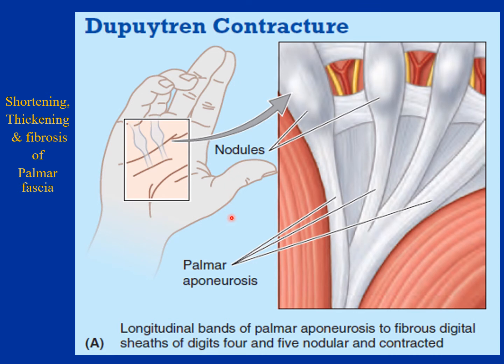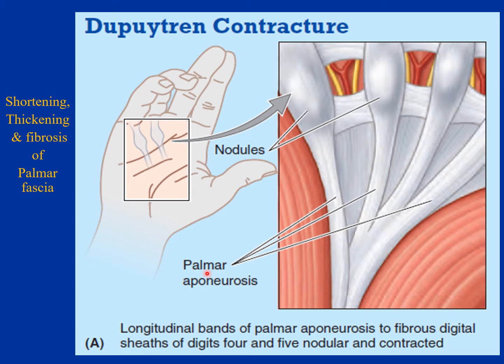What we were talking about, palmar aponeurosis: if the fourth and fifth bands of palmar aponeurosis have fibrosis, or if they become nodular and contracted, what will happen is the two fingers, the fourth one and the fifth one, will be in flexed position. Why does this happen?